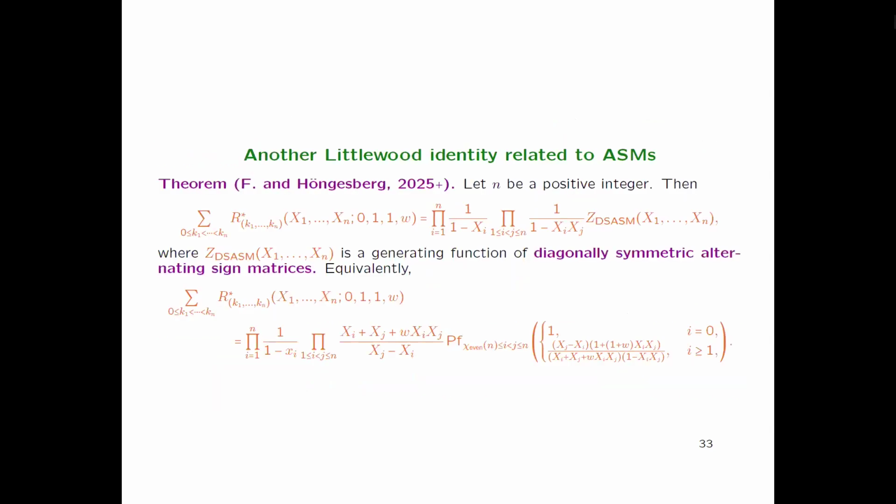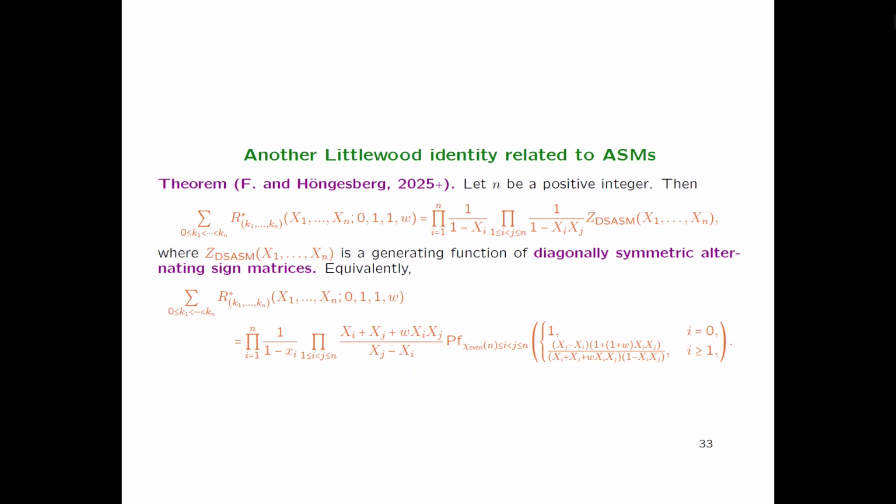And I'm coming to my last slides. Together with Hans now, I have another Littlewood identity. One has to look at the details. It's always about these parameters T, U, V, and W, but W we don't need to specify. In this case, we let T be equal to 0.